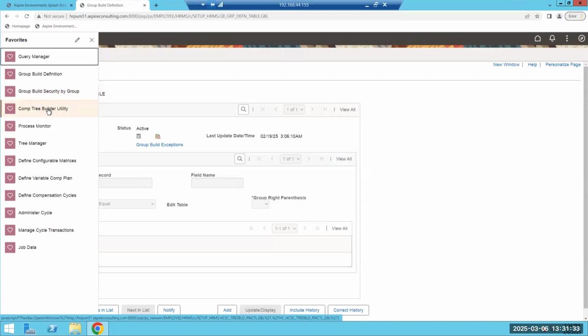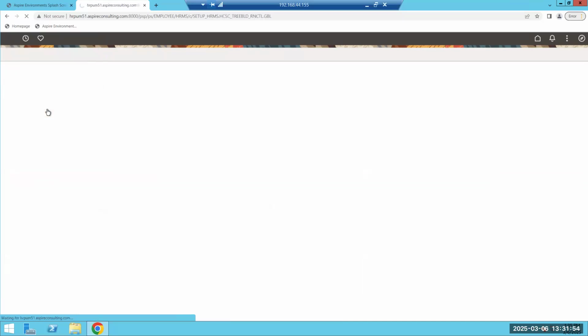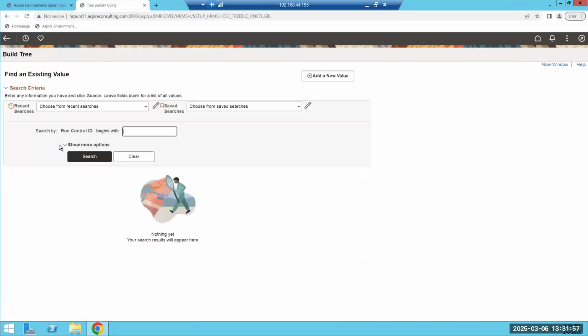Then we need the organization. What's the hierarchy, and how do those folks fit into the hierarchy? For that, the comp cycle uses a tree. And there is a comp tree builder utility that we're going to pull up here and take a quick peek at.